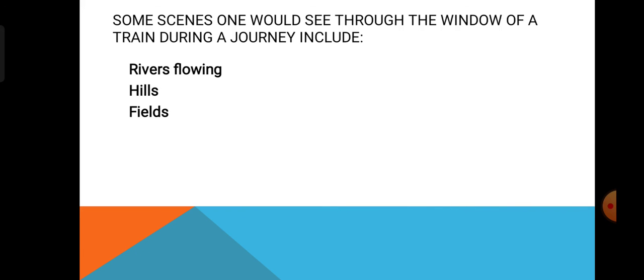Some scenes one would see through the window of a train during a journey include the rivers flowing, the hills, the fields, etc. These are just a few things that I have mentioned. There may be other things like meadows, you can see cows, buildings, small houses, hills, etc.